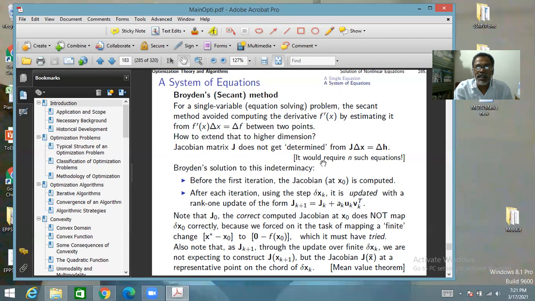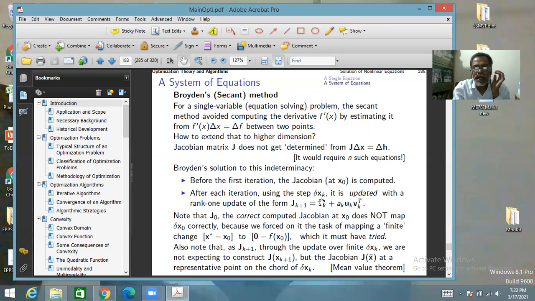This indeterminacy, that J does not get determined completely from this equation, Broyden says, okay, fine. At the initial point, you calculate the Jacobian faithfully. After that, based on the step from x0 to x1, from x1 to x2, based on the step delta x and corresponding delta h, you work out a correction of this form. A correction of this form, where uk and vk are single-column vectors, is called a rank 1 correction.